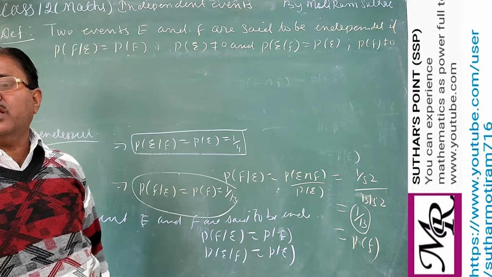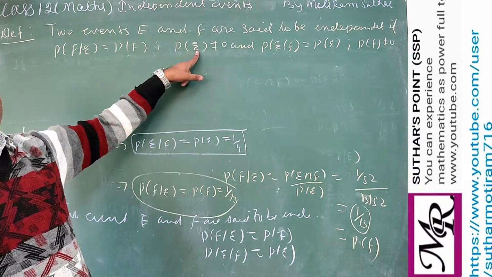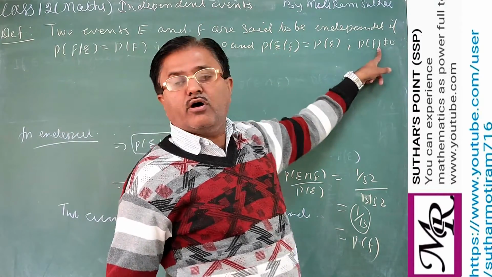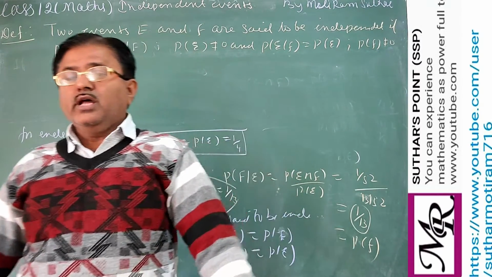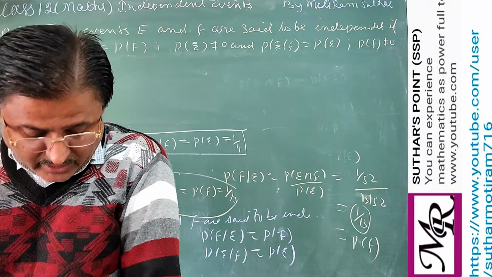Then the two events are said to be independent, provided that P(E) is not equal to 0 and P(F) is not equal to 0.